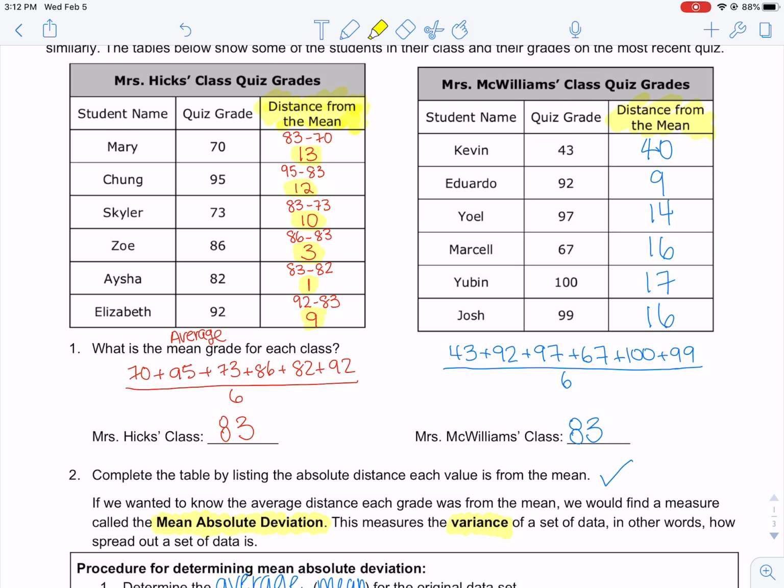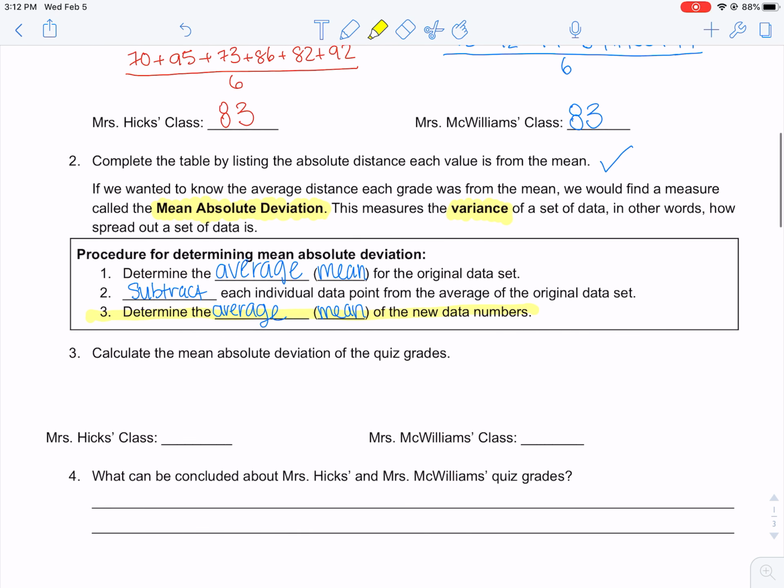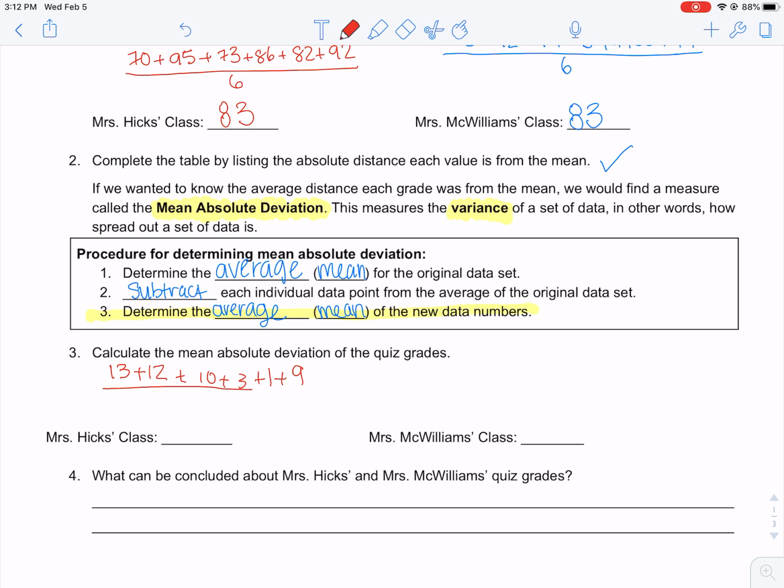So let's use those numbers that we highlighted, 13, 12, 10, 3, 1, and 9, and figure out the average for that. So for Mrs. Hicks, it's going to be 13 plus 12 plus 10 plus 3 plus 1 plus 9, all over 6, and that should give you, if you plug it into your calculators, 8.